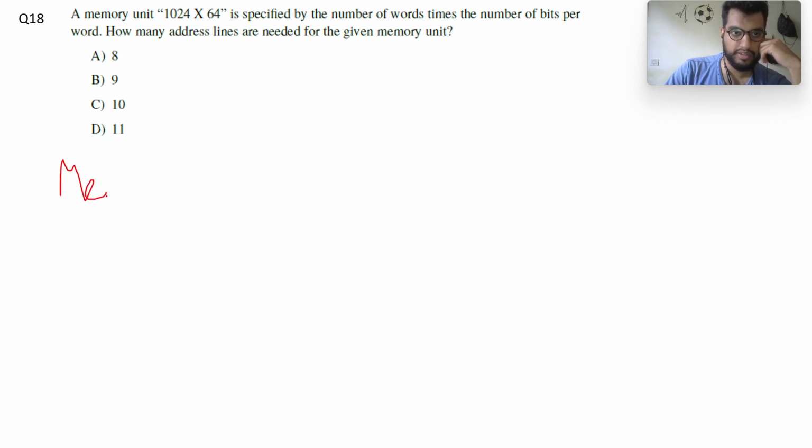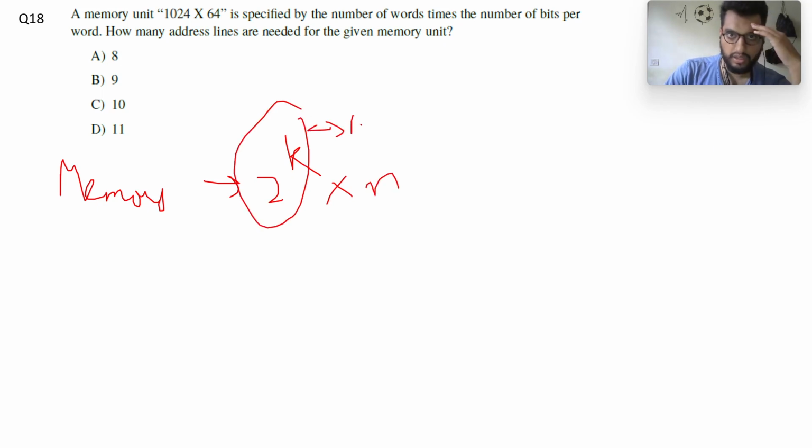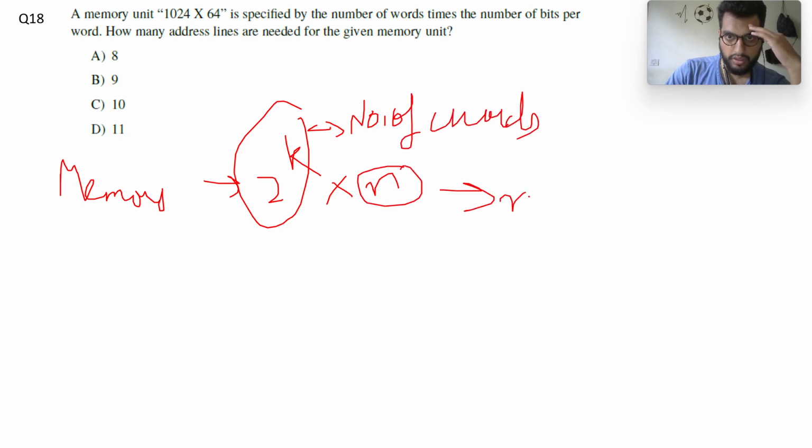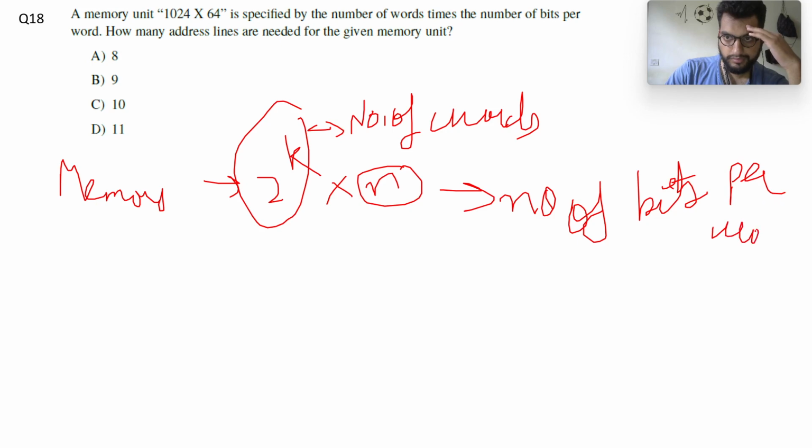A memory unit is represented by 2 raised to power k times n, where 2 raised to power k is your number of words and n is your number of bits per word. And k is simply your address lines.